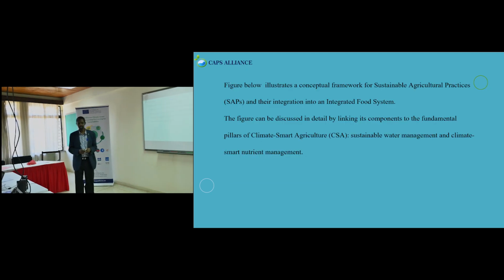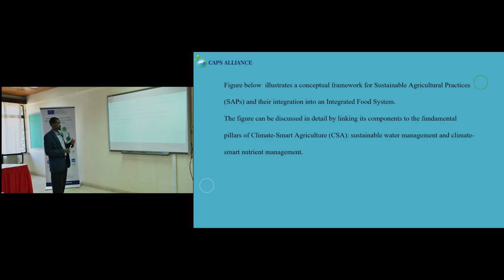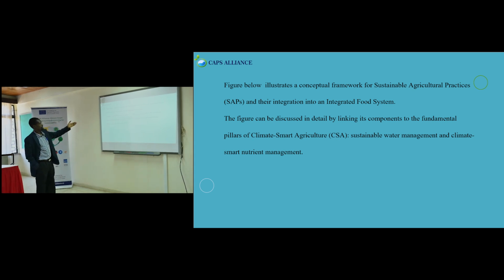I think that's okay. There is a figure below. We don't see that figure, but it is below anyway. I don't know what it illustrates, but the most important thing is sustainable agriculture practices (SAPs) and their integration into the integrated food system.